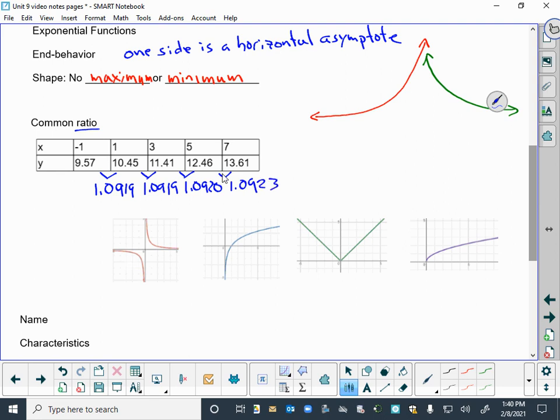So it's starting to get a little bit different, but overall that could be attributed to rounding errors. And since this common ratio is pretty much the same, it should be enough to say that an exponential model would probably be a good predictor for what's going on in there.